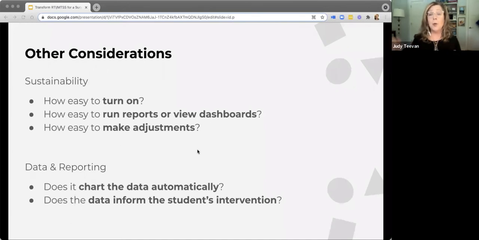Now, for example, the Classworks progress monitoring can be started with just a few simple clicks and will automatically appear each week for 12 weeks on the student's Classworks dashboard. Now, the data from that probe is automatically plotted on the appropriate charts, and it also informs the student's intervention.